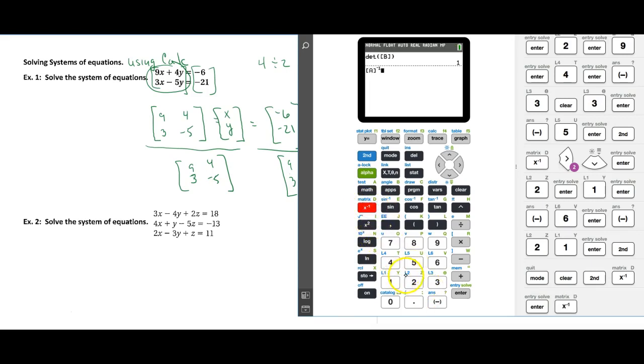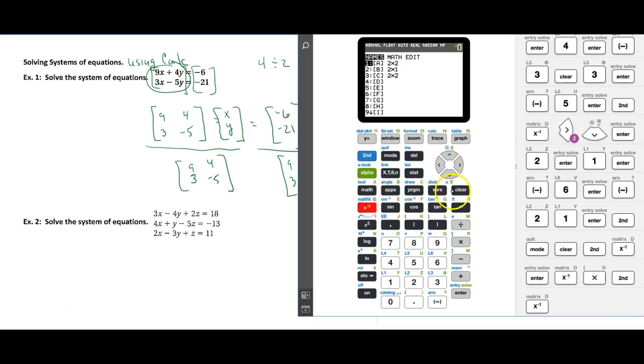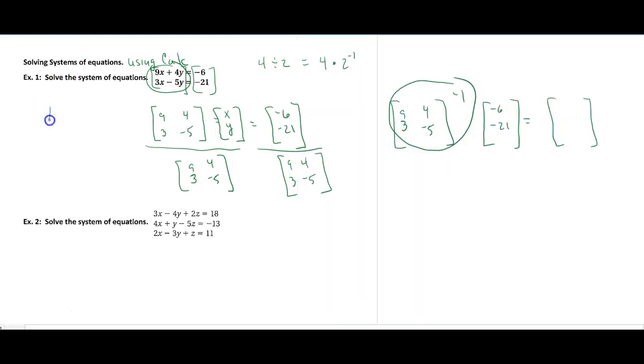So I'm going to go inverse times our matrix B, enter. And if you remember from the front side, what was our solution? X is -2, Y is 3. So our ordered pair solution is -2, 3.